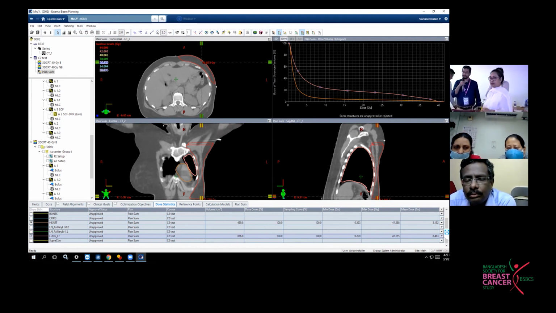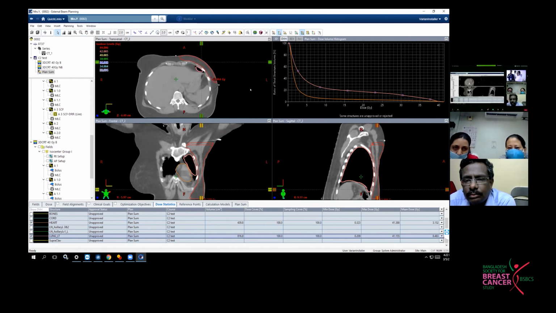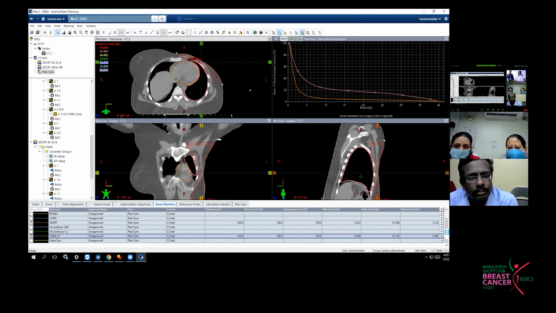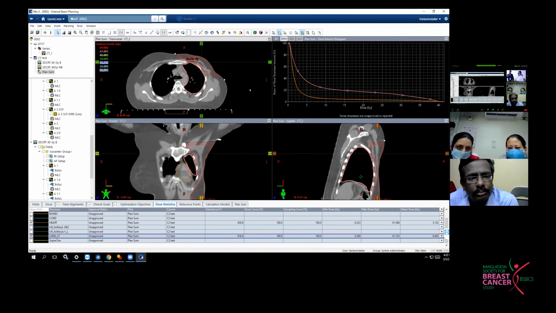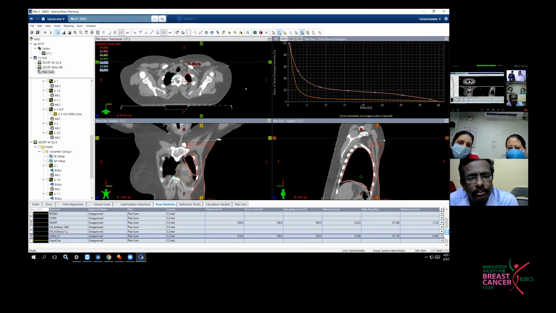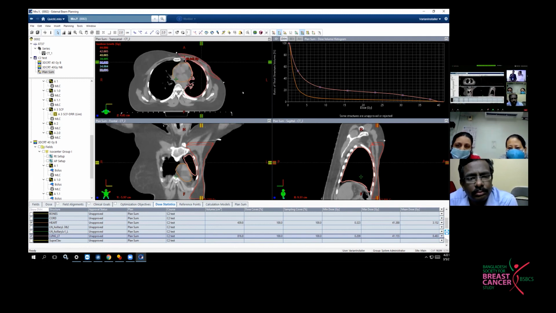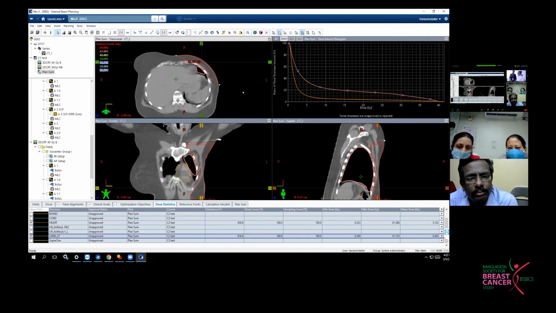We don't do it for all patients, but we see, for example, maximum heart distance more than 1 centimeter, or the patient is having comorbidities, then we screen it at the time of simulation, or when staging imaging is available in the OPD, we screen through that and see whether there is a likelihood of maximum heart distance more than 1 centimeter. So we screen, we don't do it by default for all patients.